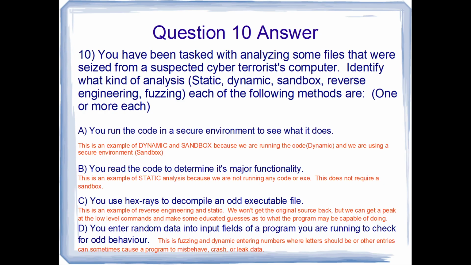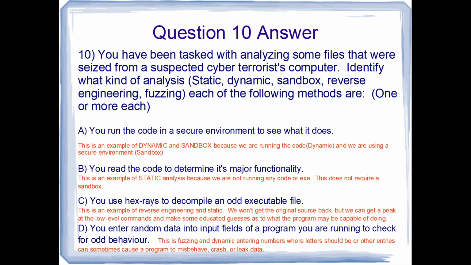Entering random data into input fields of a program that we are running to check for odd behavior. We're running the program, which means it's dynamic, and we are fuzzing by putting random data, maybe numbers, into the name section or letters into the number section of your address to see what would happen.